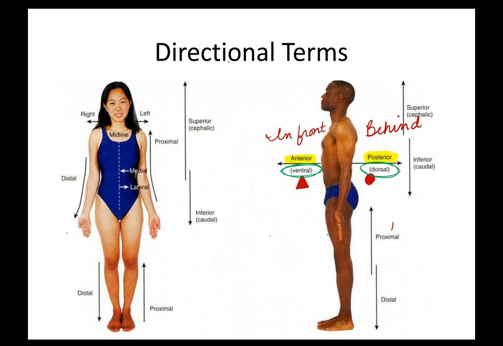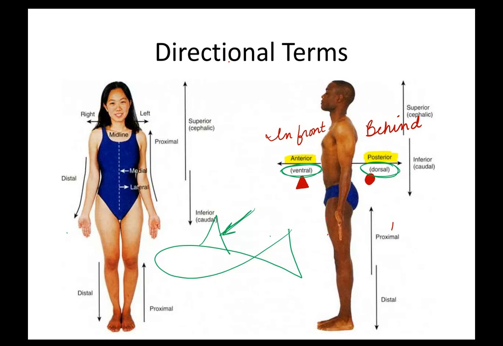But also, it's because in front of and behind don't make sense for something like a shark. Go with me, it's a shark that has a dorsal fin. That's not behind the shark because of how the shark's body is oriented.